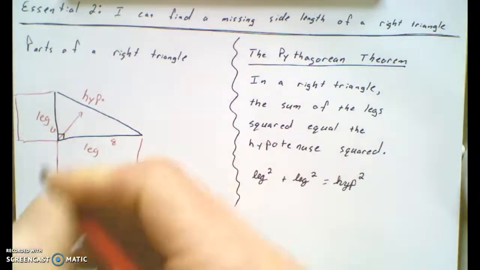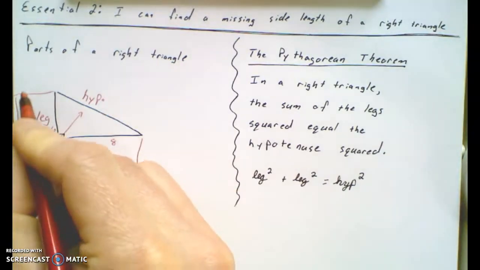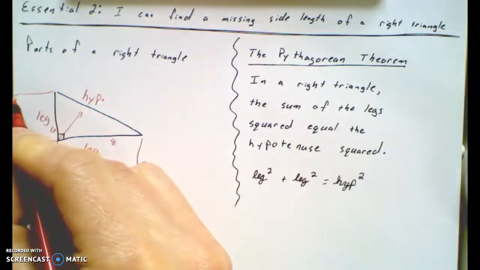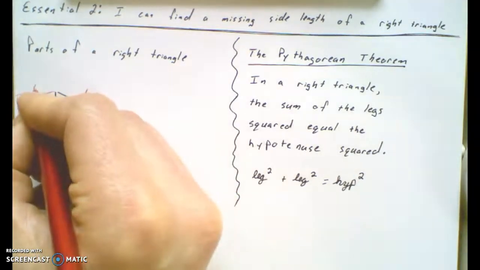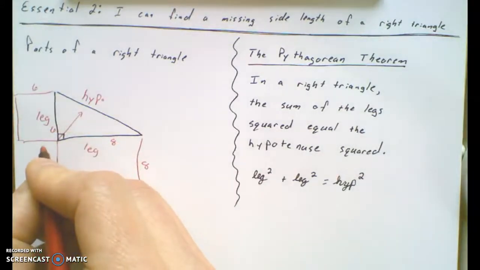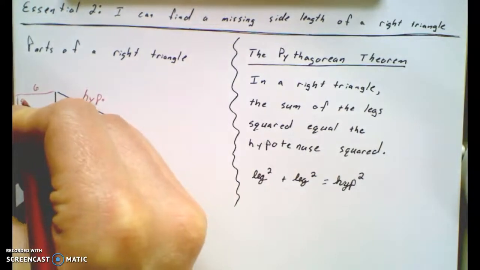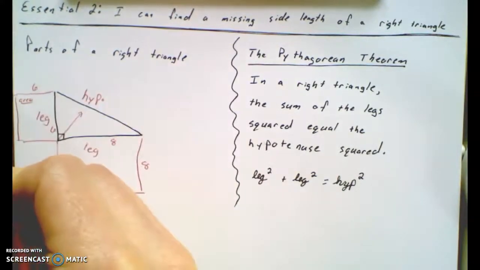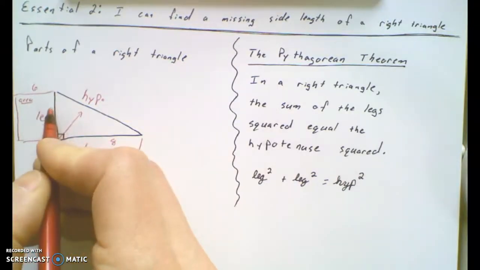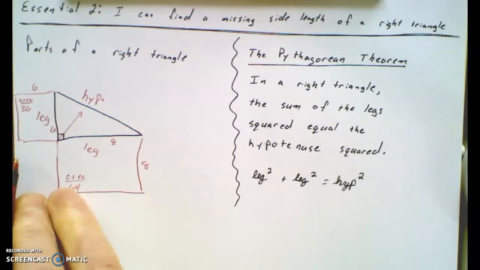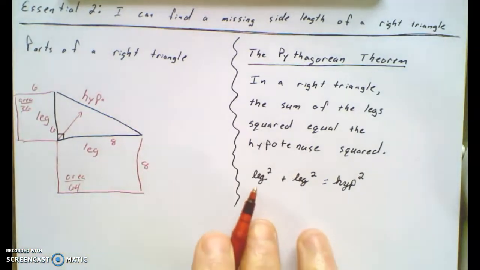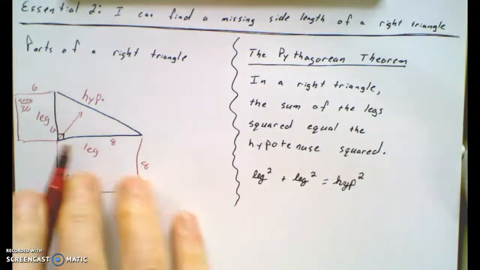Again, this square would have the same side lengths all the way around. So if the up and down is 6, then this one is 6, and this one is 6, and this one is 6. And then to find the area, we just take 6 times 6, or 6 squared, which is 36.